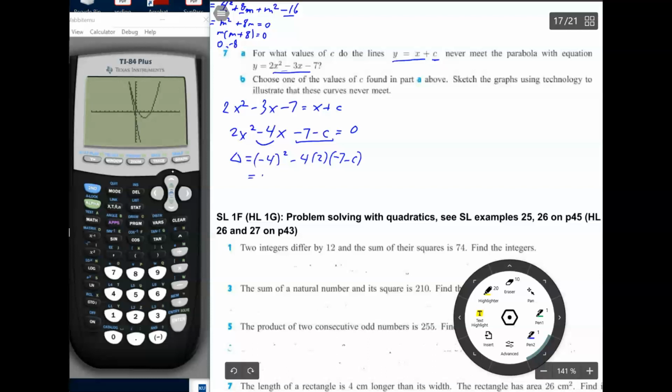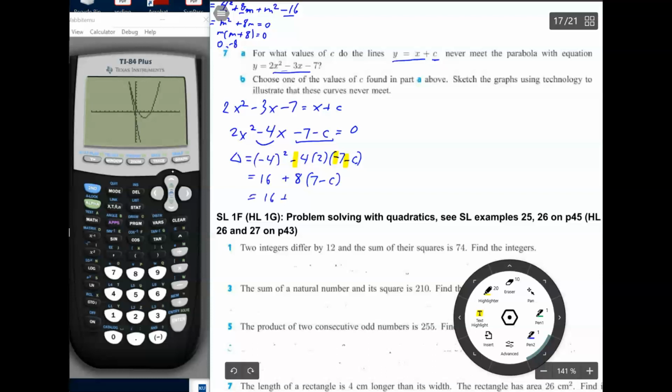And so this is equal to 16 minus 4 times, negative 4 times 2 is negative 8, and negative 8 times, I'm going to multiply this negative times these negatives, and so I'm going to get positive 8, and then I'll have 7 minus c inside.